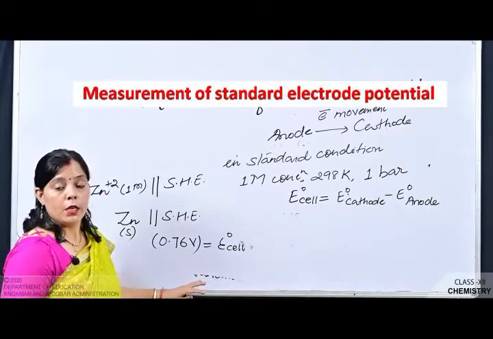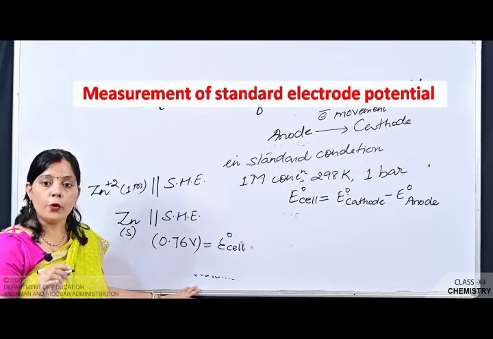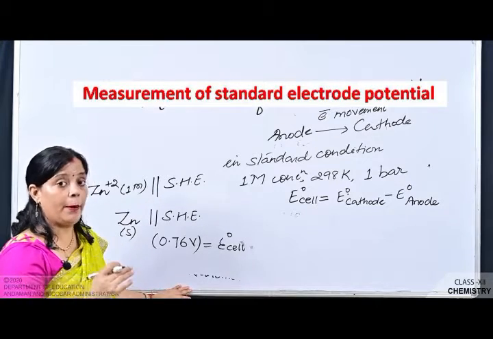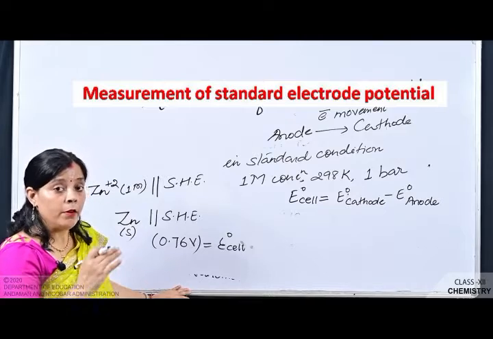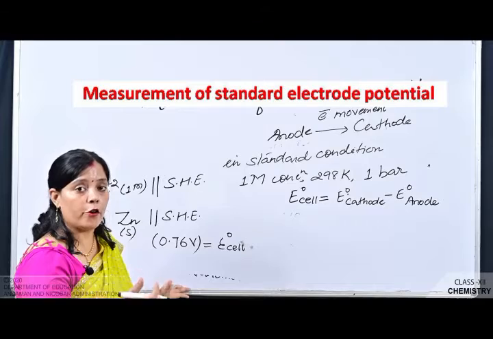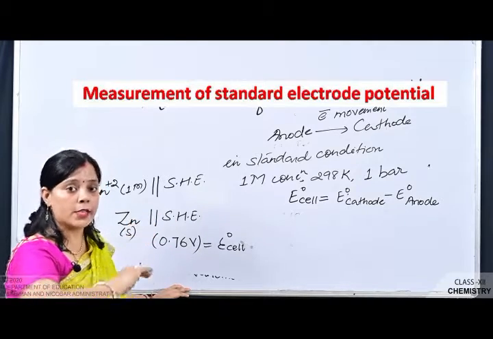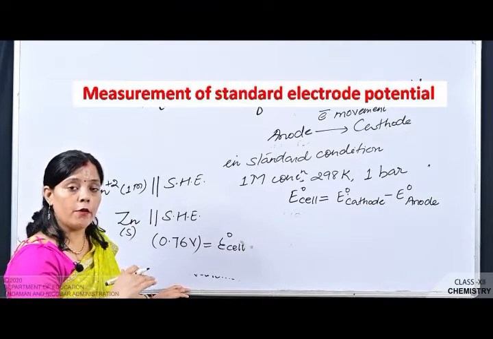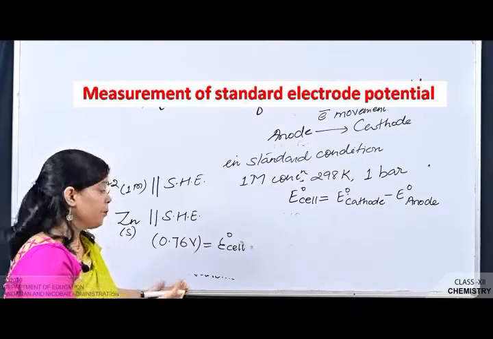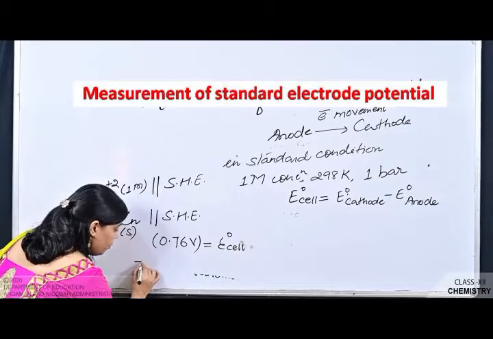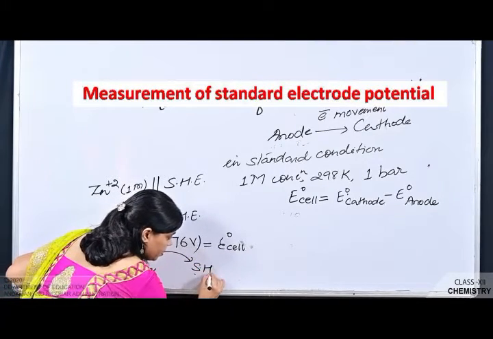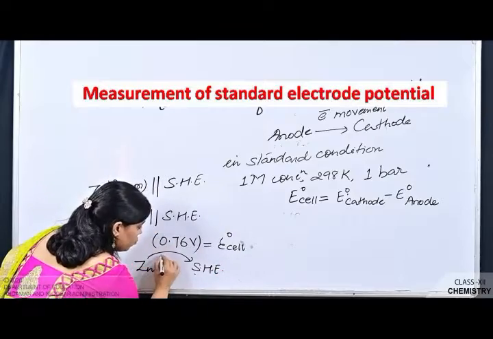The electron flow is found to be from the zinc electrode to the SHE, that is, with the help of the galvanometer we find the conventional current moving from the standard hydrogen electrode to zinc, and since the electron flow is in the opposite direction to the current, the electron is moving from zinc to the SHE. This is the movement of the electron.